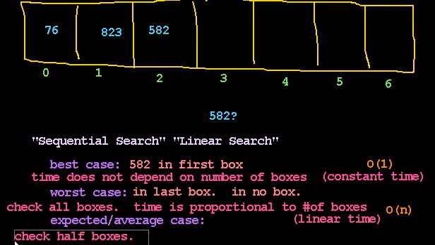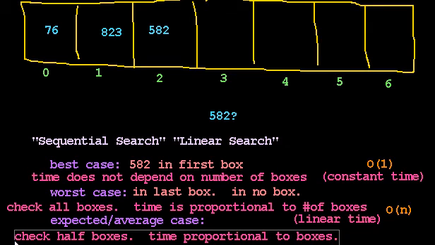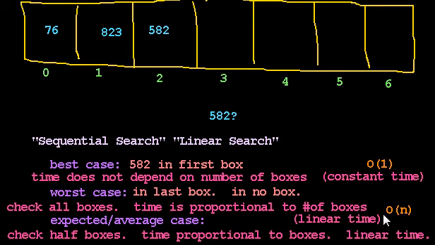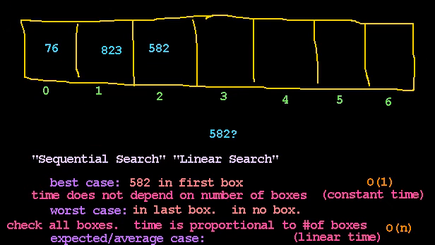Half the boxes clearly depends on the total number of boxes, so again, time proportional to the number of boxes, and again, it's linear time, and we say it's big O of n. So, all of this is to say something that might have been blatantly obvious to us at the beginning.